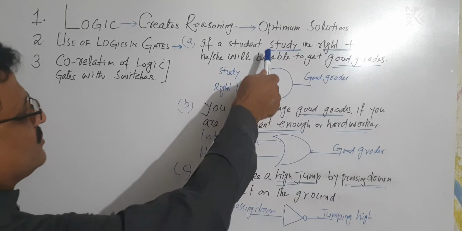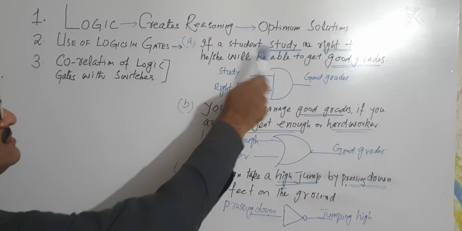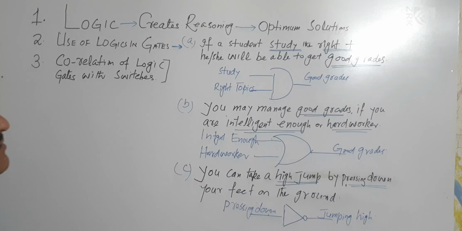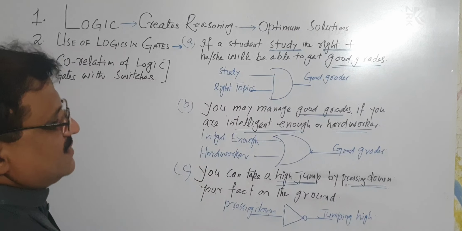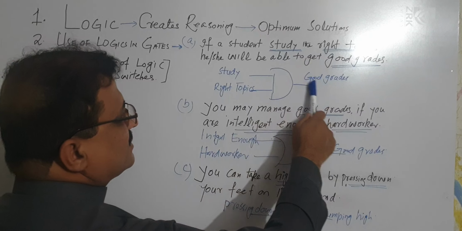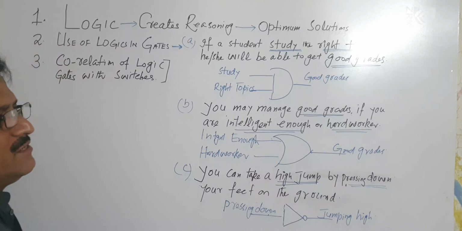Now if I put this logical statement into a logic circuit, for this logical statement I require an AND gate, because this AND gate will get these two conditions or reasons, and based on these two reasons it will create the result for the common people, for the general people.